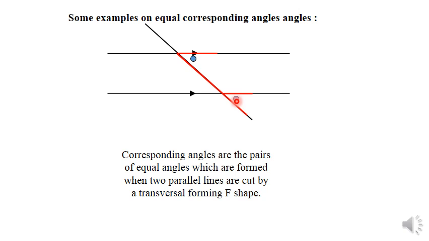They are equal in measure. Do I have other corresponding angles? Yes, I do. These are also equal corresponding angles. They are equal in measure. Look more. Do I have more corresponding angles? We said that we can search for a shape which is similar to an F shape but upside down. So yes, this one. These are equal corresponding angles and these are also corresponding angles.